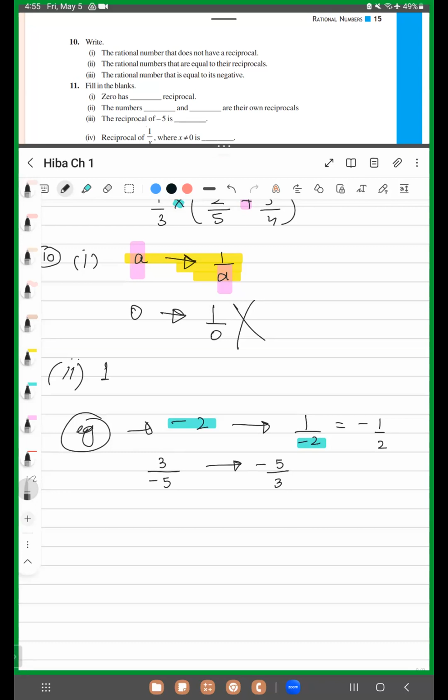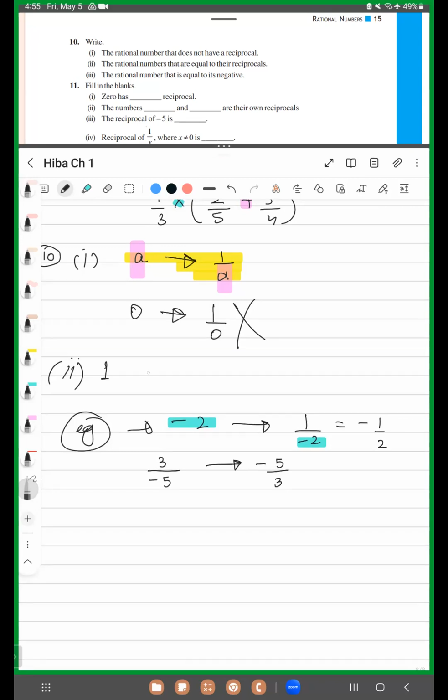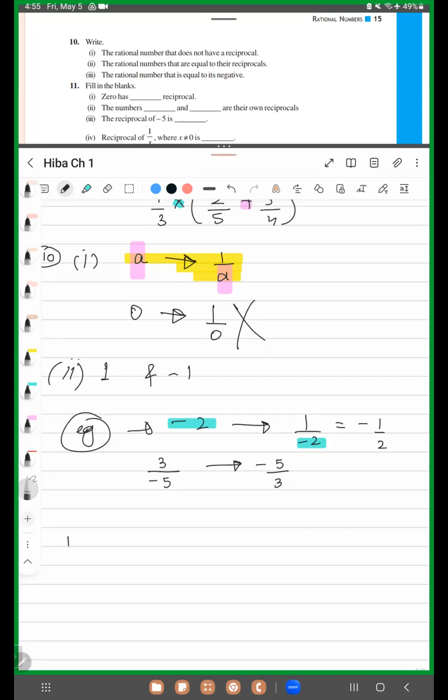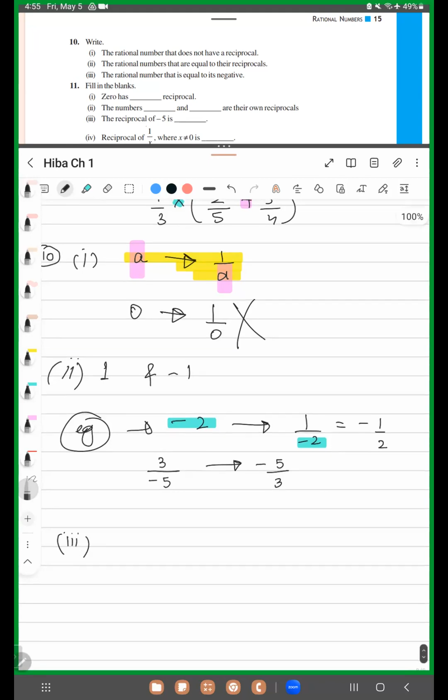Yeah. Then the rational number that is equal to its negative. Any rational number which is equal to its own negative, that is, a is equal to minus a. Think. 1.